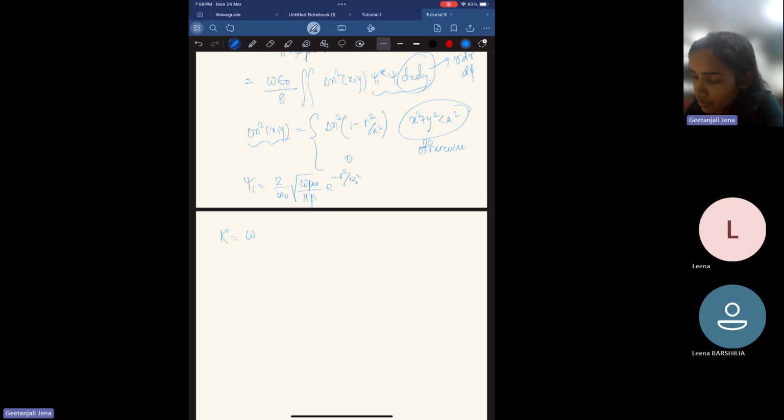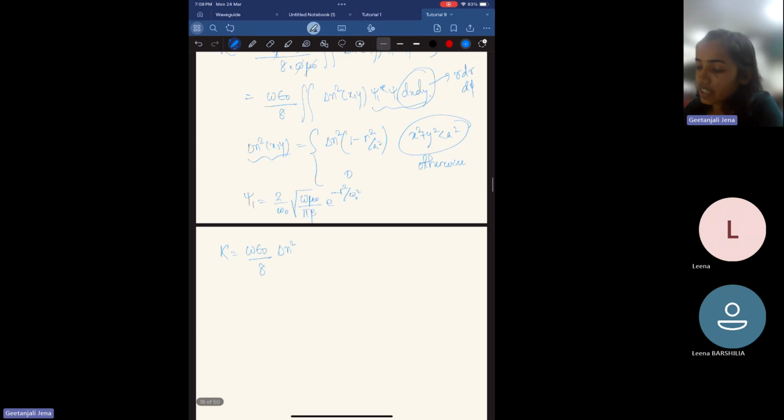So we have omega epsilon naught by 8 delta n square. I have taken this out of the integration, and this is 1 minus r square by a square psi 1 star psi 1.